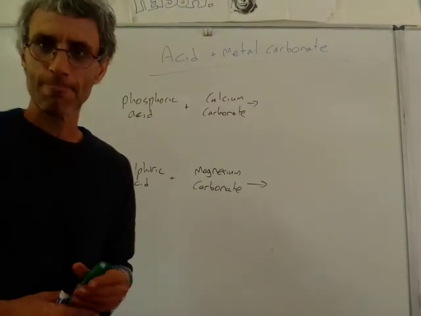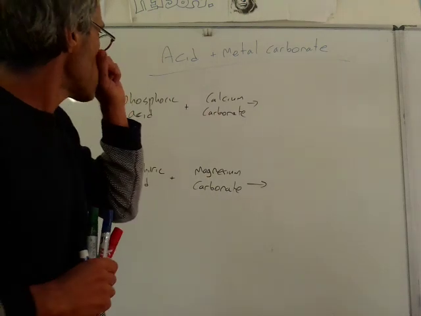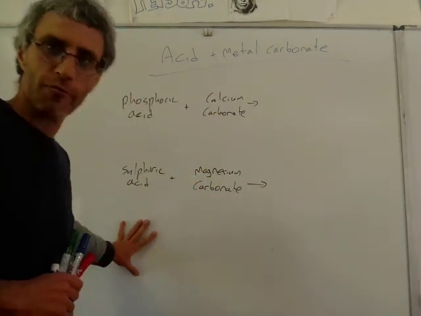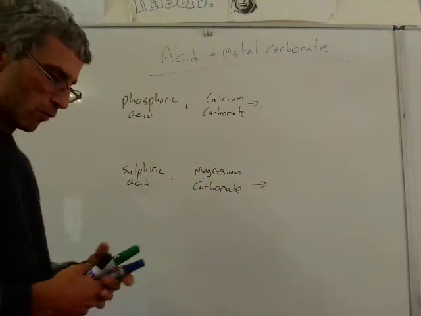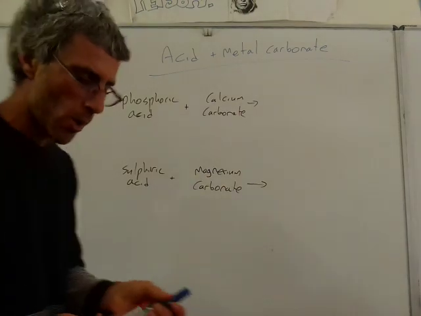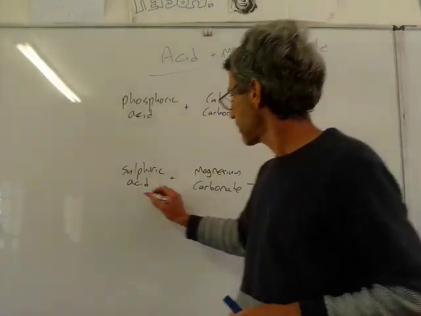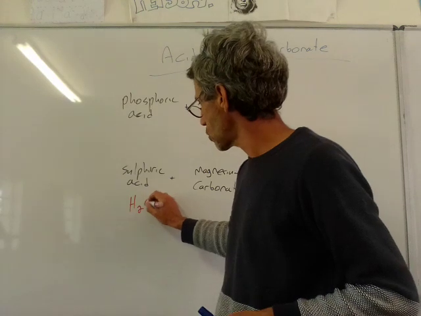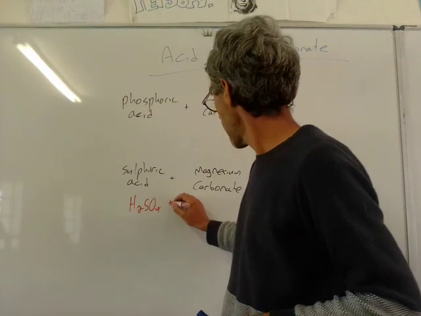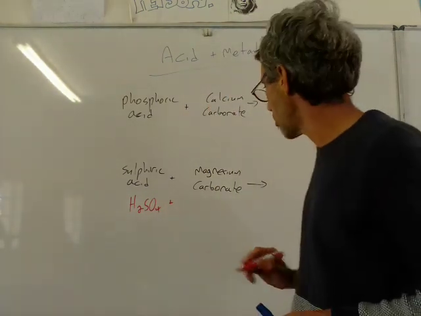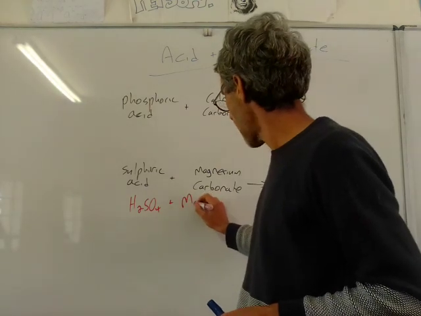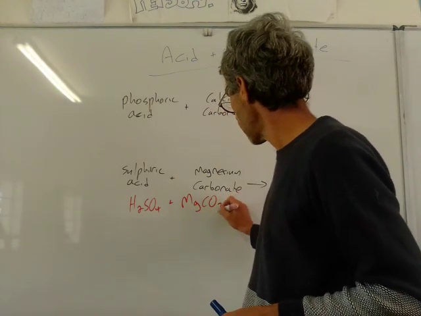Okay, chaps, so 2 examples, and I want to start from the bottom one. Sulfuric acid, remember the formula for sulfuric acid? H2SO4. We reacted it with magnesium carbonate. That's going to be MgCO3.